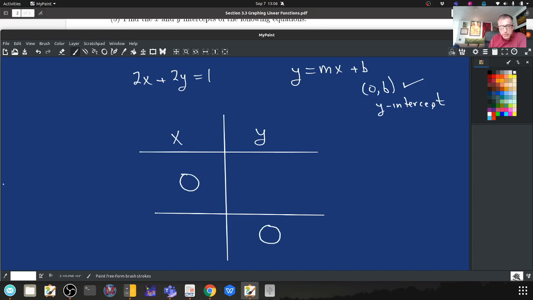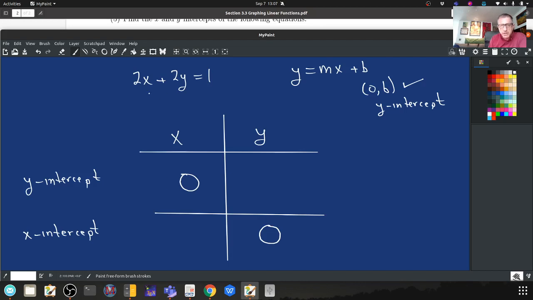And this first one is going to be the y-intercept. Why? Because x is equal to 0. And the second one is going to be the x-intercept. Why? Because y is equal to 0. It's good to have an image here, because notice when x is equal to 0 you get the y-intercept. When y is equal to 0 you get the x-intercept.